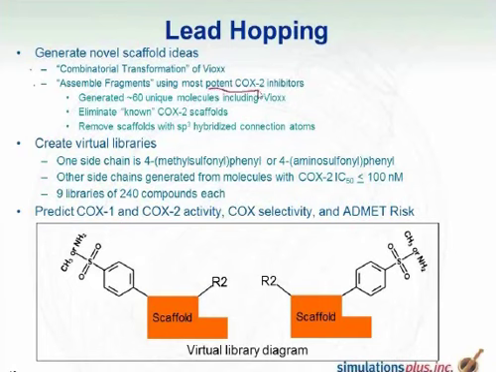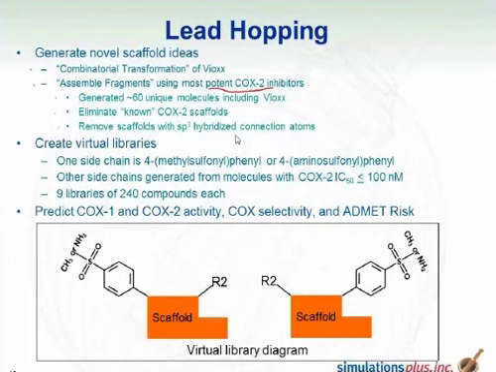And here we use several different potent COX-2 inhibitors as a starting compound. We ended up generating about 60 unique molecules, including Vioxx. We eliminated known COX-2 scaffolds, such as the Vioxx one, and then we also removed scaffolds with an sp3 hybridized connection atom. I'll pop back into MedChem Studio again to illustrate these assembled fragments.